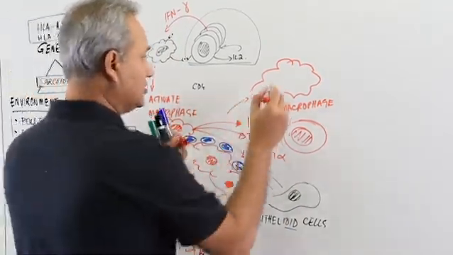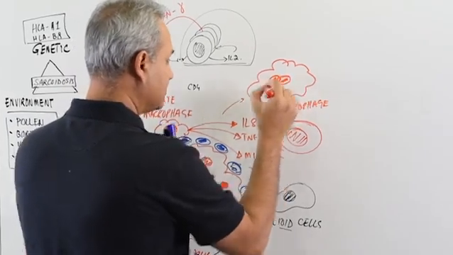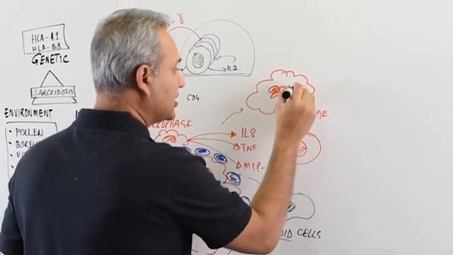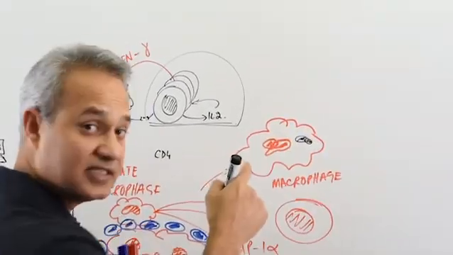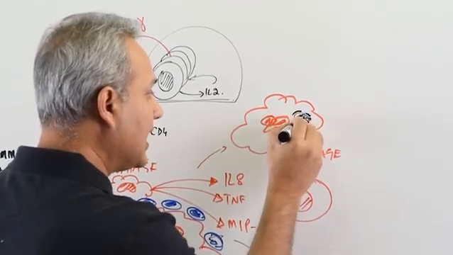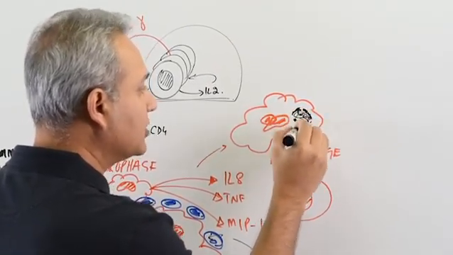Let's say this is the nucleus, this cell could have concentric depositions inside the cytoplasm, deposition of calcium and proteins.